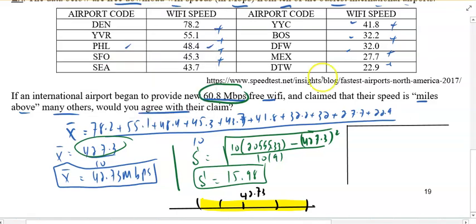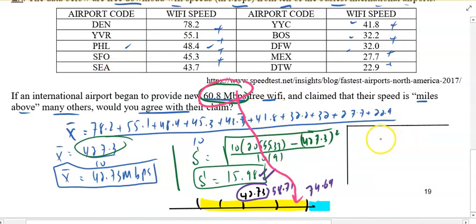So if I take my calculator, take 42.73, add 15.98 to it, I will get 58.71. If I add another 15.98 to it, I will get a 74.69. For anything to be considered significantly high, it must be above this number. Do you see that their value, 60, falls in there somewhere?